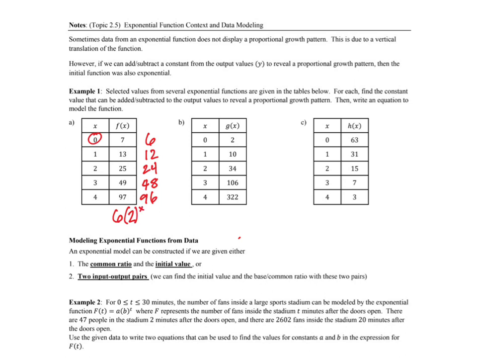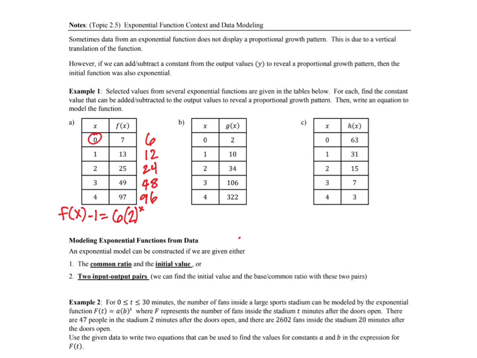But what I see on the table is plus 1, right? So if I took my f of x function and shifted it down 1, I would get 6 times 2 to the x. Can you see that? If I took my output values and shifted them down 1, then I have the equation 6 times 2 to the x. So the question is, what's the equation of the stuff in this table?